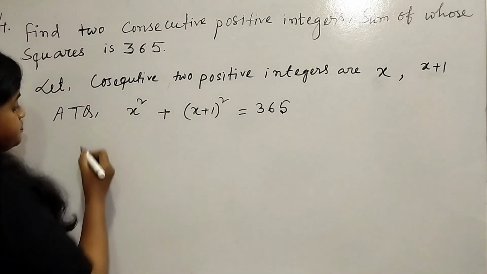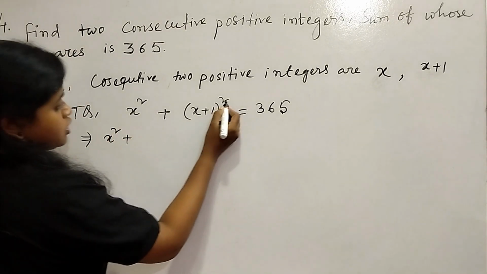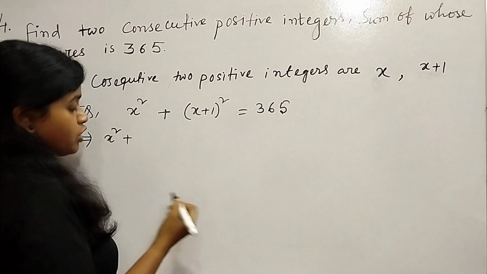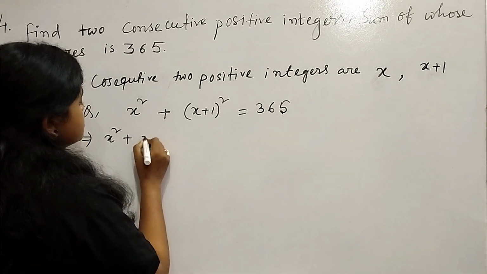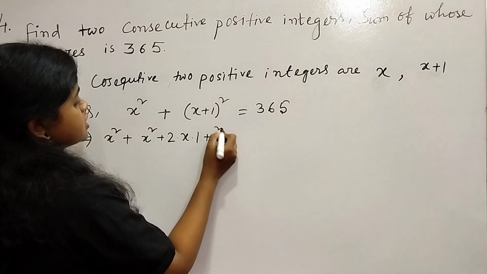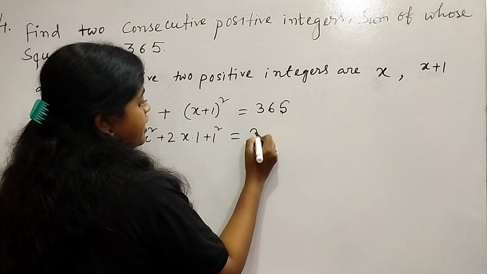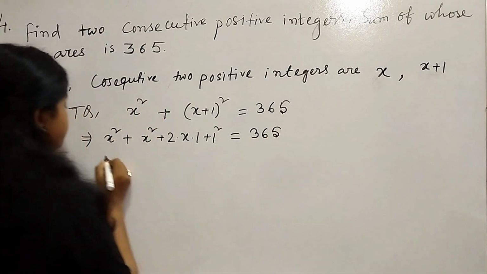Now we have to solve it. We will expand x plus 1 whole square according to the a plus b whole square formula: x square plus 2 into x into 1 plus 1 square, that is a square plus 2ab plus b square, equals 365.